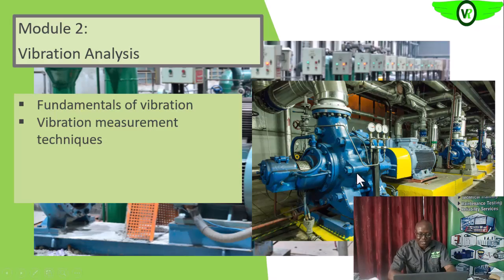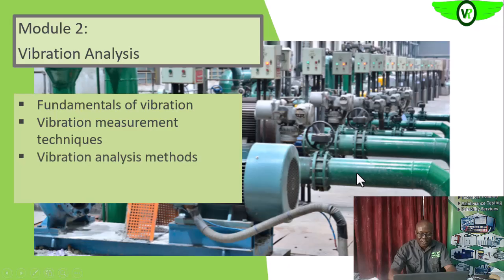We are going to look at all of those. Then, of course, the analysis method, the various methods that we can use to analyze the information that we gather from the field, so that we'll be able to deduce or infer what is actually wrong with our equipment.